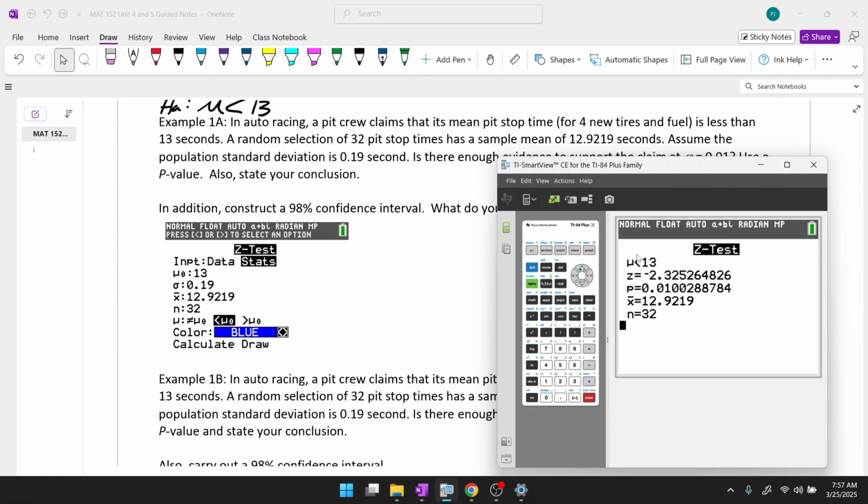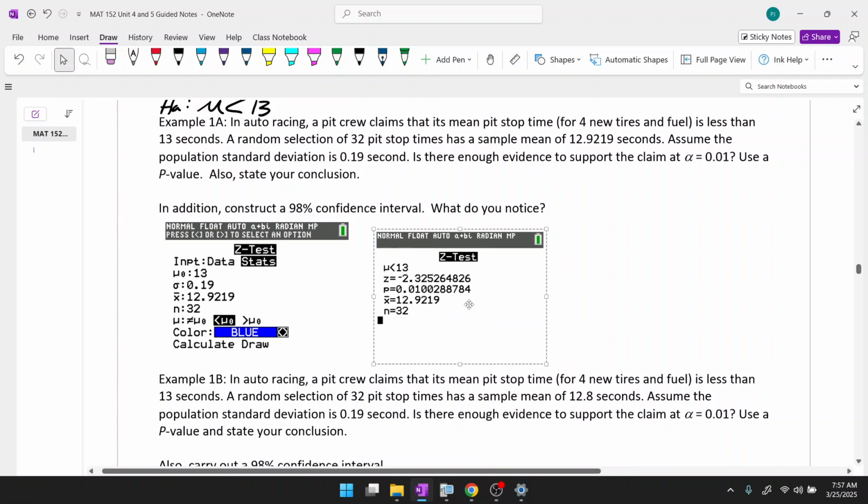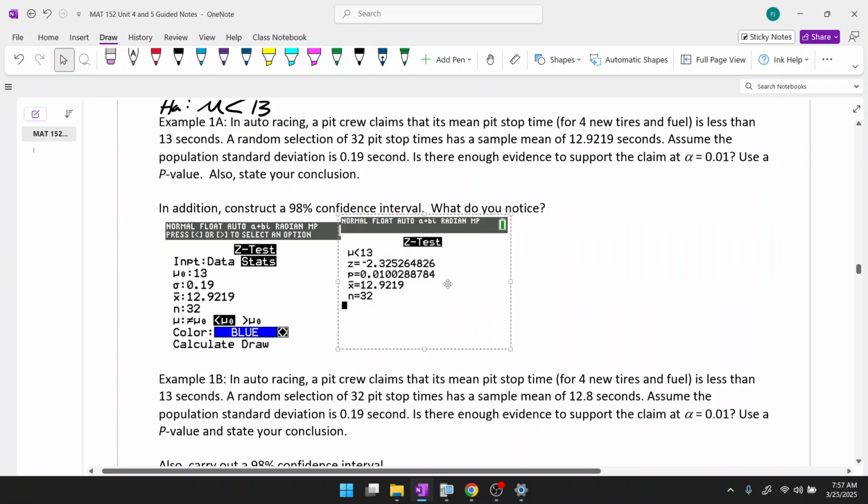And this is what I like to call a very special case. Now, if you notice, you look at this p-value here. This p-value is actually technically higher than the alpha value, not by much, but this is what we call a very special case. I will never give you a case like this on a test.